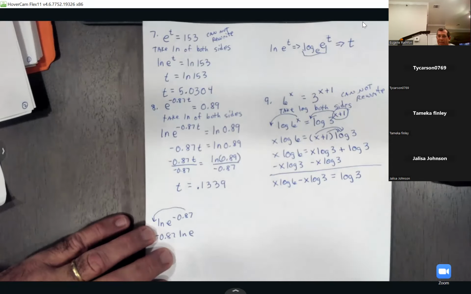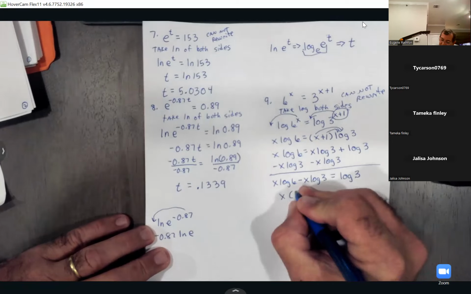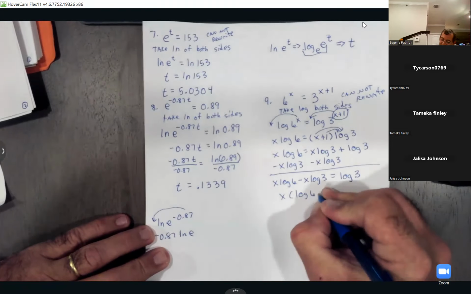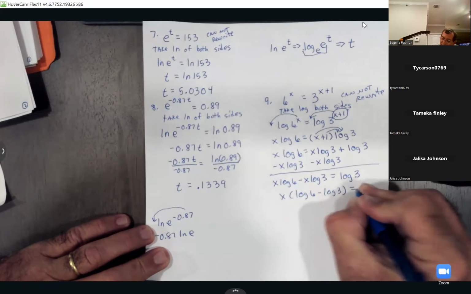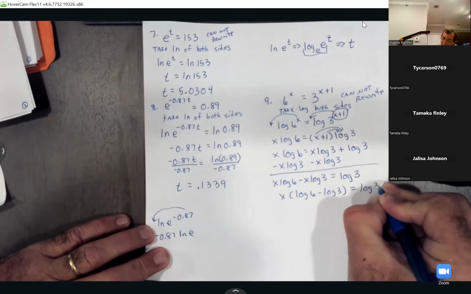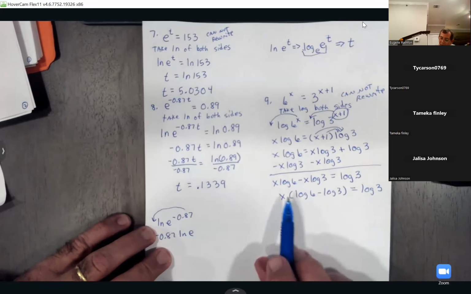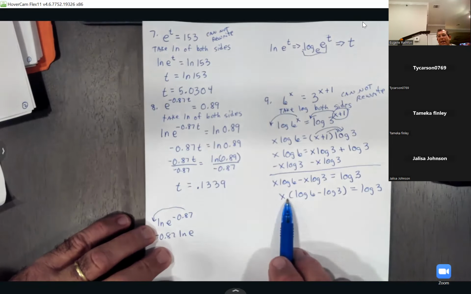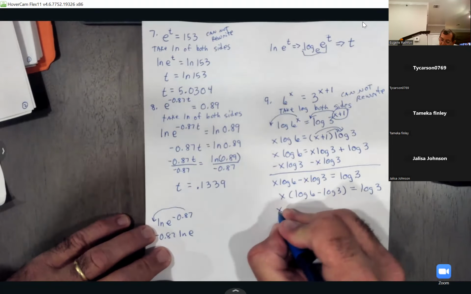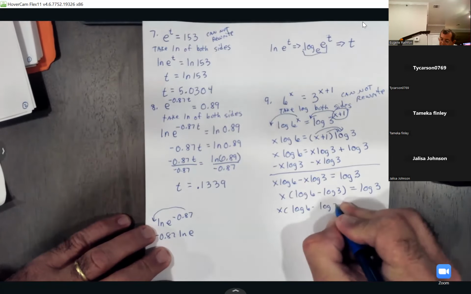I'm going to factor out the x. Good job. So we'll factor out an x. In parentheses, I got a log 6 minus a log 3, all equal to my log 3. All right, y'all, x times these parentheses equals log 3. So to get my x to be a 1x, I'm going to divide both sides by these parentheses.